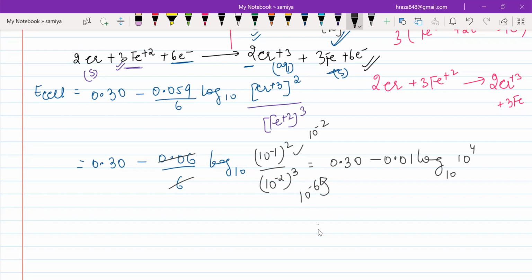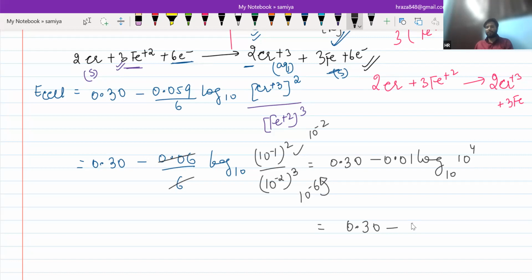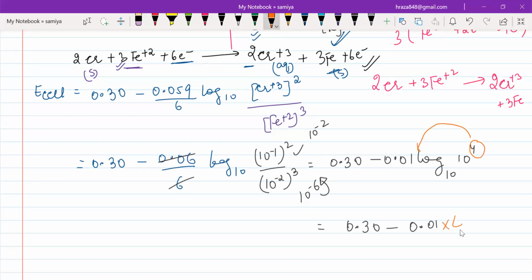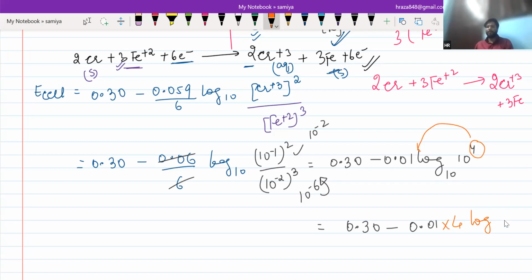Now see, 0.30 minus 0.01, and apply the power formula, it will come here 4, and then it will be log 10 to the base 10, and we know that log 10 to the base 10 means the value is 1. Again it will be 0.30 minus 0.04, and you will get your answer.